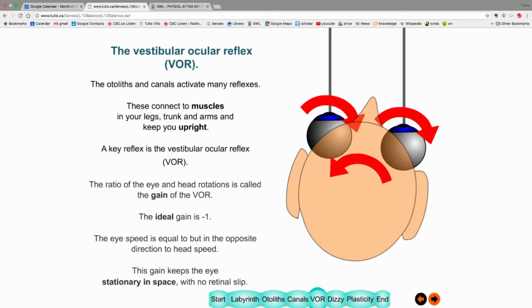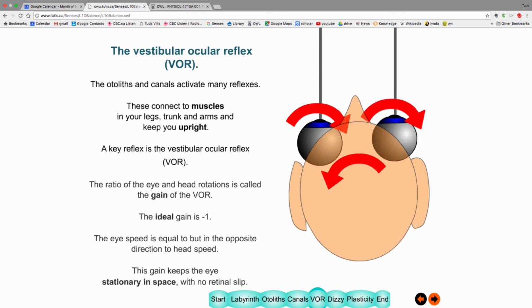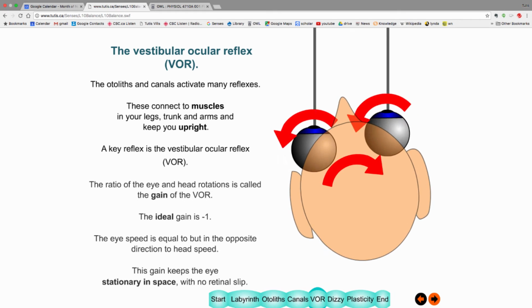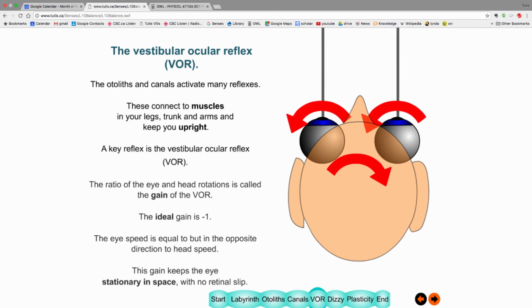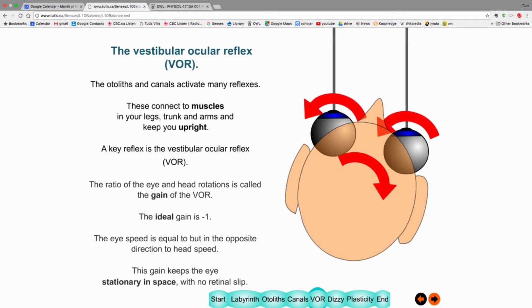And you can see here, as the head turns, where the eye is pointing isn't changing if the canal is working right. Okay? So when you turn your head, if you're looking at something, that stays stable on the back of the eye.